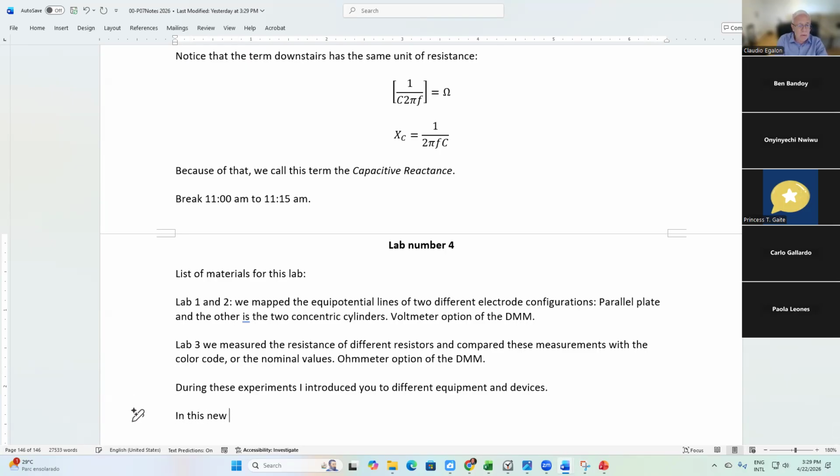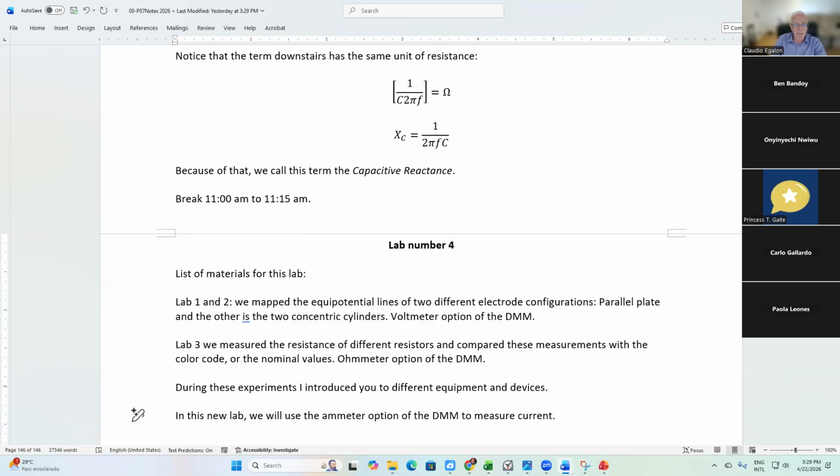In this new lab, we will use the ammeter option of the DMM to measure current.